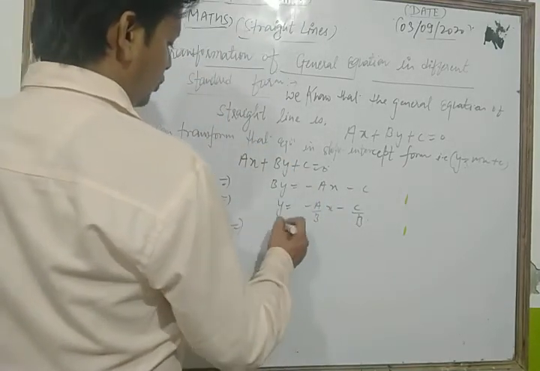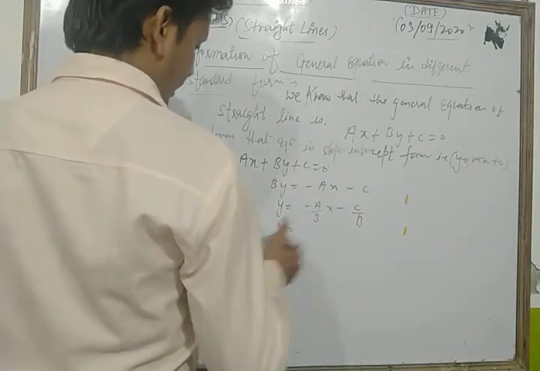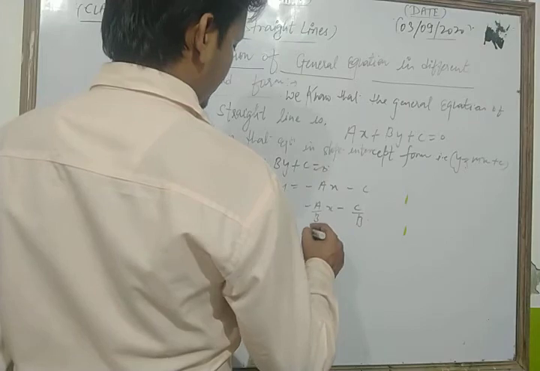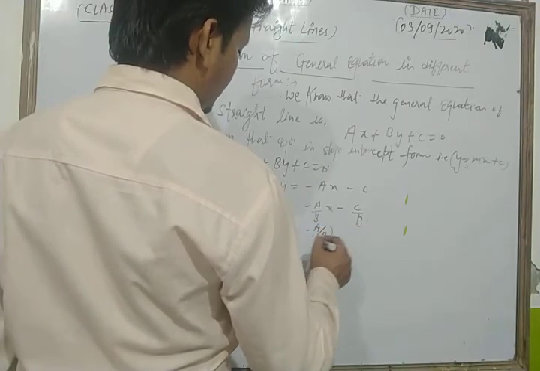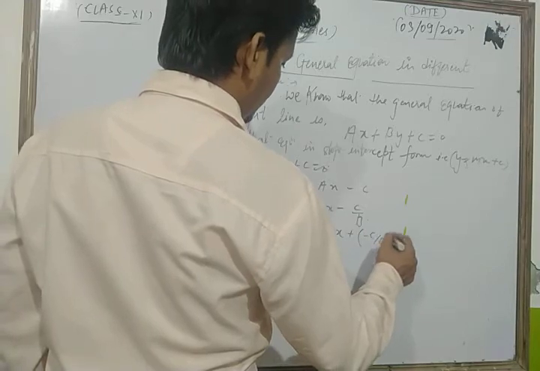Now we can also write y is equal to minus a upon b into x plus minus c upon b.